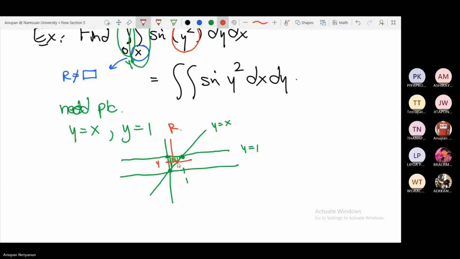Okay, this is where the y is constant, right? Now you have to ask what is going to be the running number for x when y is a constant. So the running number for x is going to start from this x, which is x equal to 0, right?